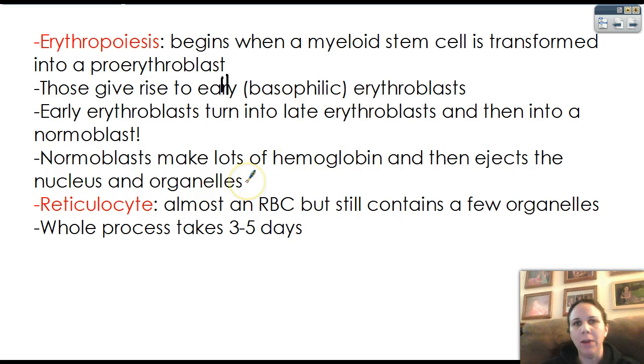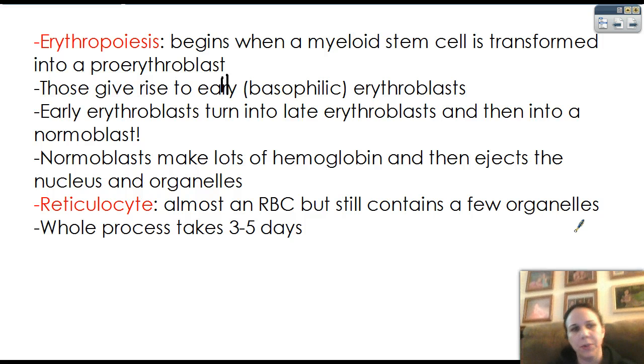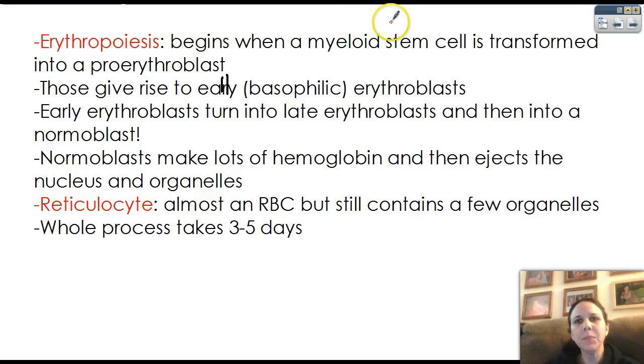Once they pop out all the organelles, then they turn into what's called a reticulocyte. A reticulocyte is almost a red blood cell, but it still contains a few organelles. So we have to wait for those to die or get ejected, and then we have a fully mature erythrocyte. That whole thing, from stem cell to erythrocyte, takes about 3 to 5 days.